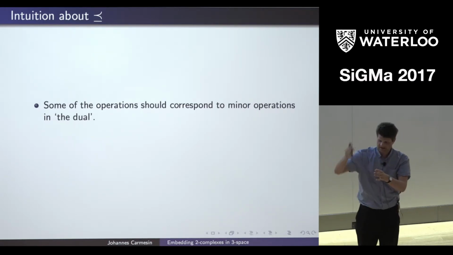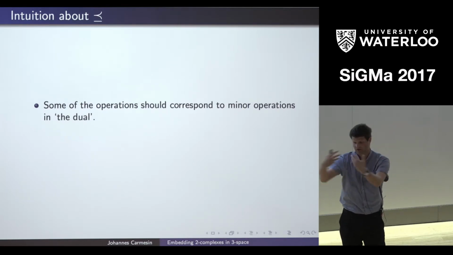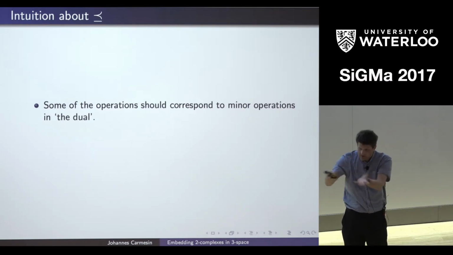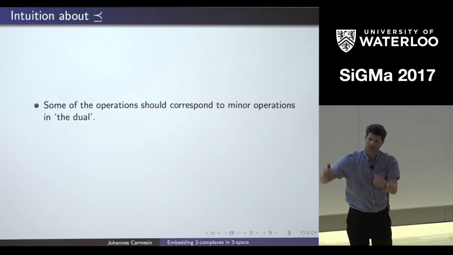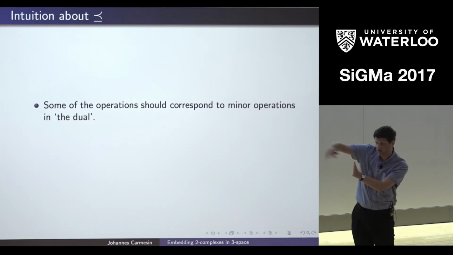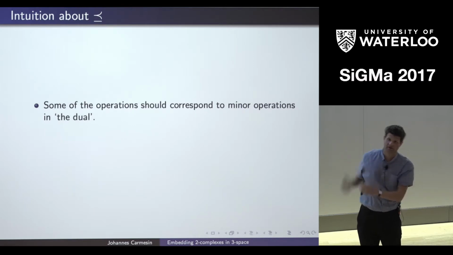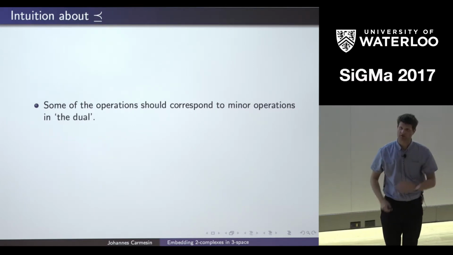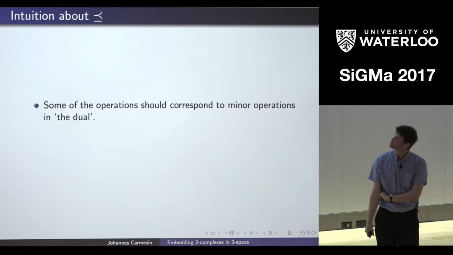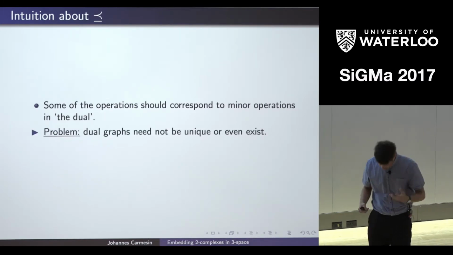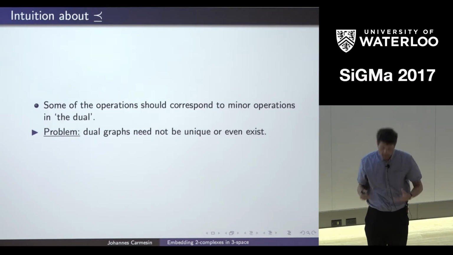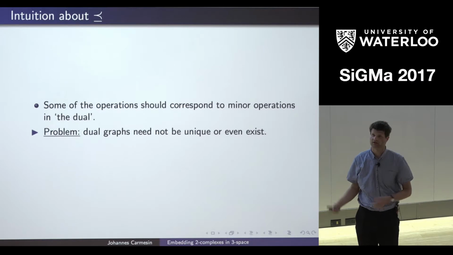Each face attaches to 2 of these components, and you draw an edge joining these 2 components. Or if it only meets one component, you make a loop at that vertex. That's the dual graph of the embedding. And what we'd like is that some of our minor operations correspond to taking minors in the dual graph.